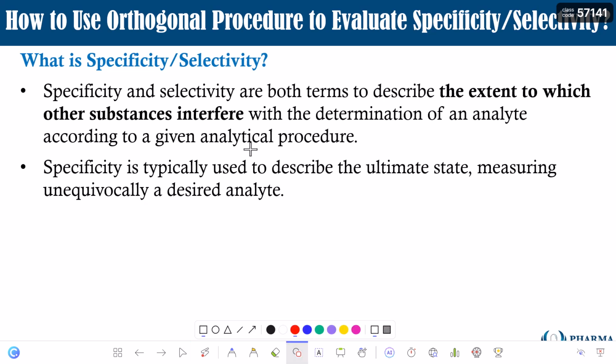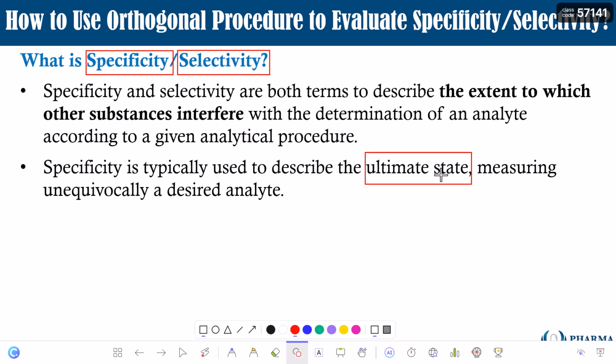Now, if you look into the definitions of the separate terms, specificity and selectivity, what are they actually? Specificity is typically used to describe the ultimate state, and this is the definition given in the current guideline ICH Q2R2. It is called the ultimate state, measuring unequivocally a desired analyte. What is meant by ultimate state?